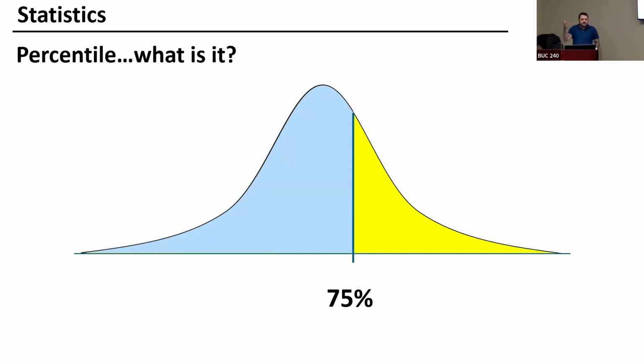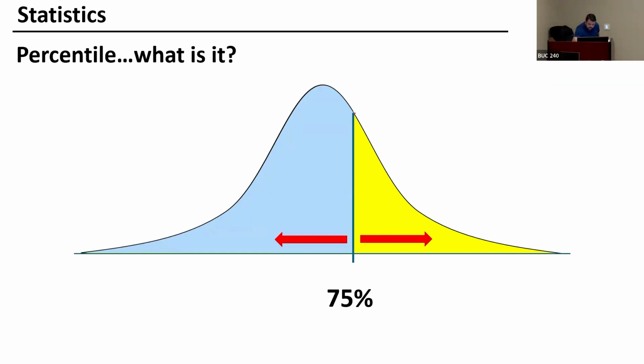Anybody have any idea what that actually means? If you're in the 75th percentile, you're better than 75% of the people who took that test. That also means you're not as good as 25%. That's what that 75% means. That's where it puts you.